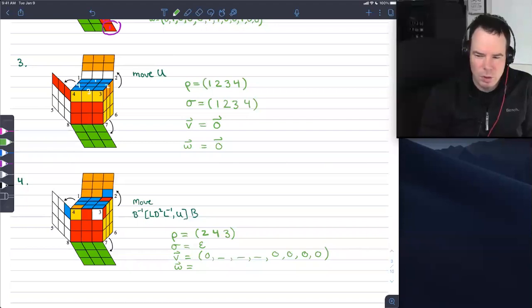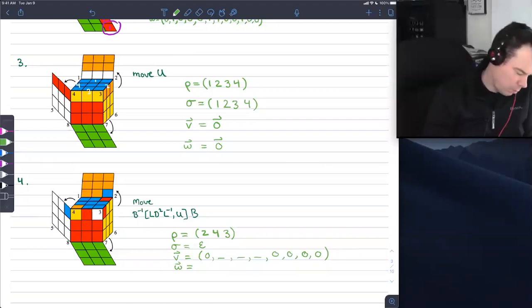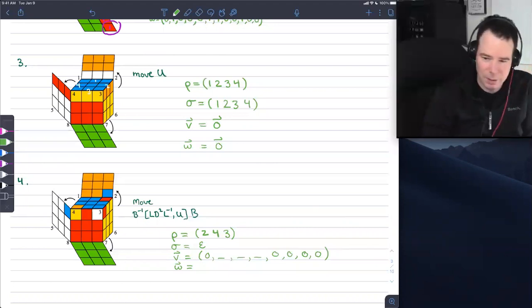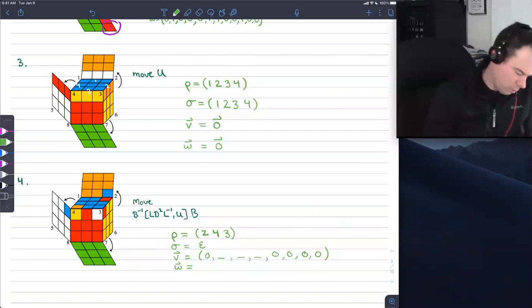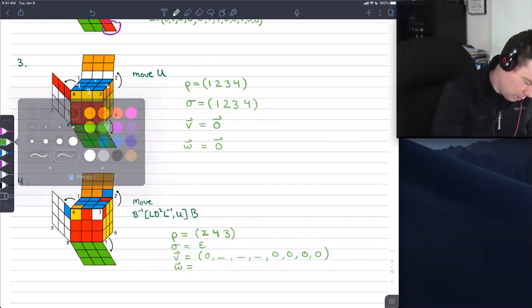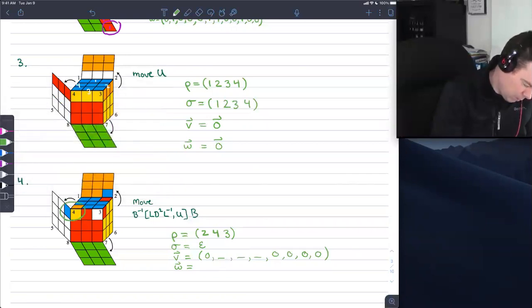Corner QB2 is currently sitting in position 4. So I look over at position 4, and I think what number is on the orange sticker, because that orange sticker is in the primary faucet. Yep, this is corner QB2 right here.